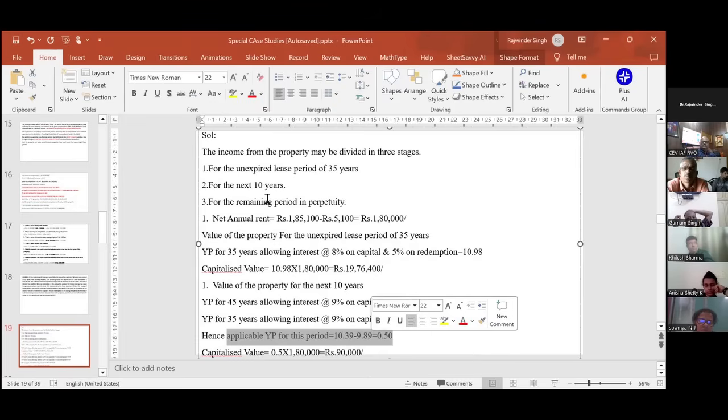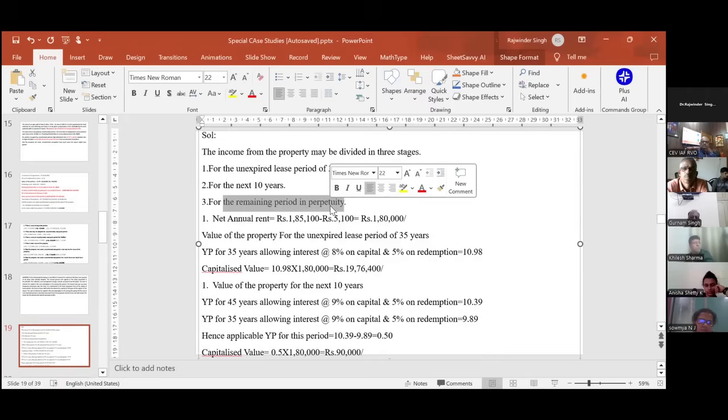Similarly, we will calculate perpetuity, from that we will deduct YP for 45 years, because we have already calculated YP for 45 years.